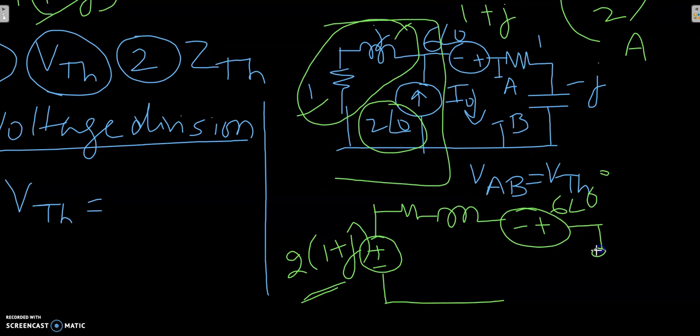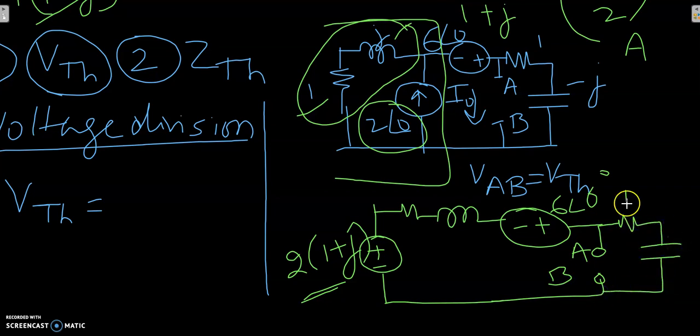And finally, this is point A and B, and this is the resistance and the capacitor here. This is 1, this is minus j. Now it's simple to find VTH. We are interested in the voltage across these two elements, R and C. So let me write down VTH.